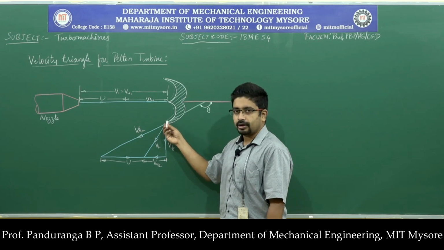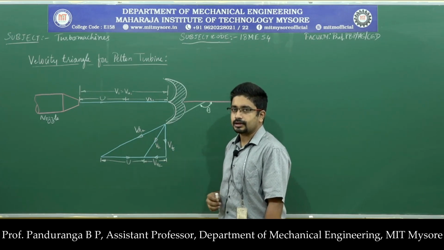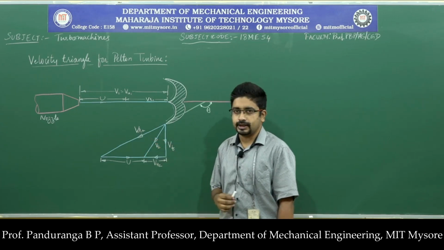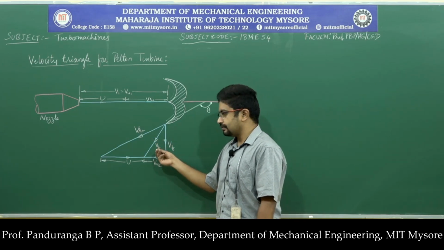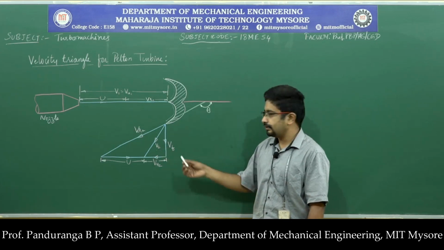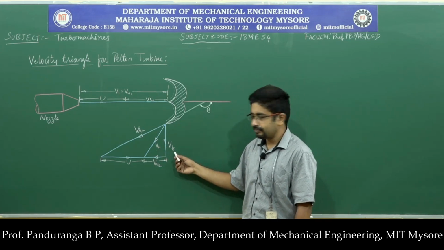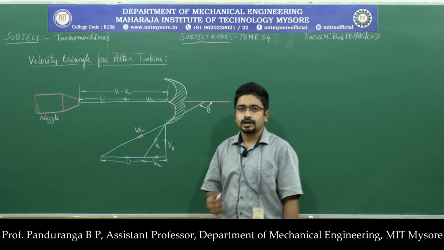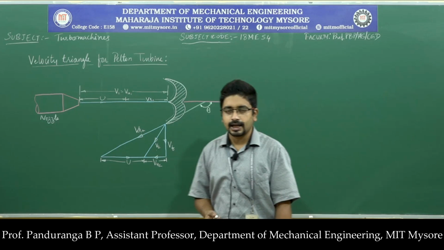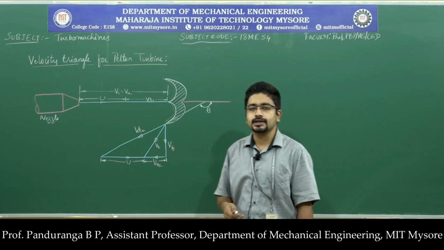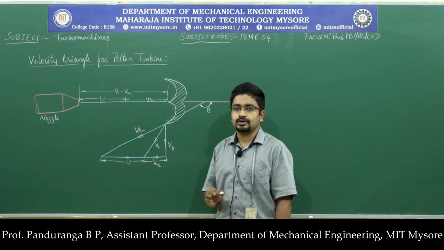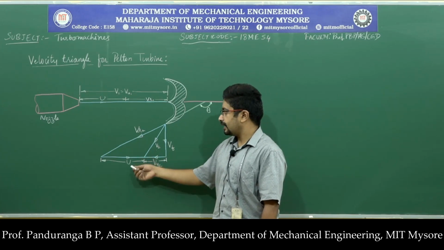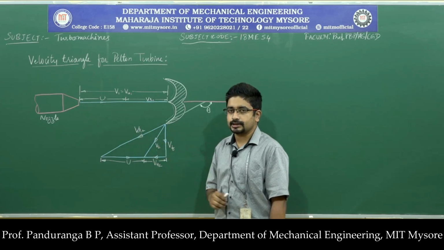When the water comes out of the bucket of a Pelton turbine, it comes out with a relative velocity Vr2, then the absolute velocity V2 and the fluid velocity Vf, and u remains the same because, as you had seen in the previous diagram, the water enters and leaves at the same radius, so there is no change in u. So u remains the same for inlet as well as for outlet.